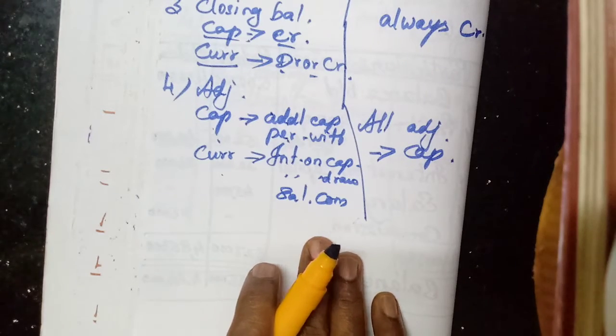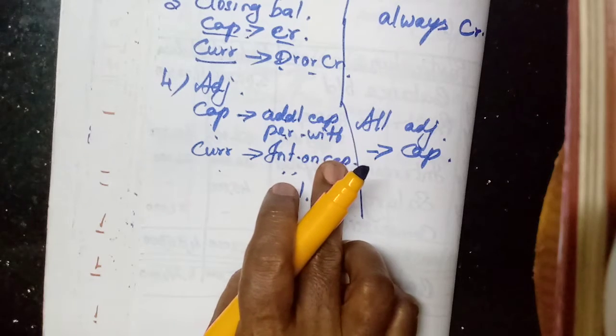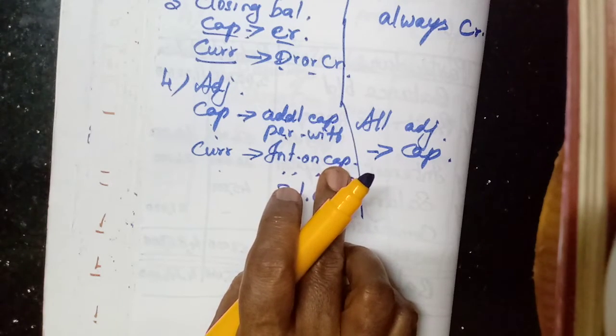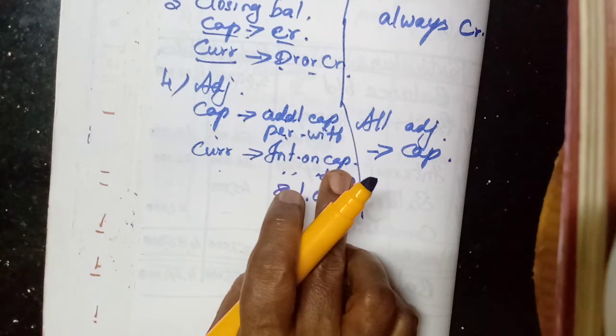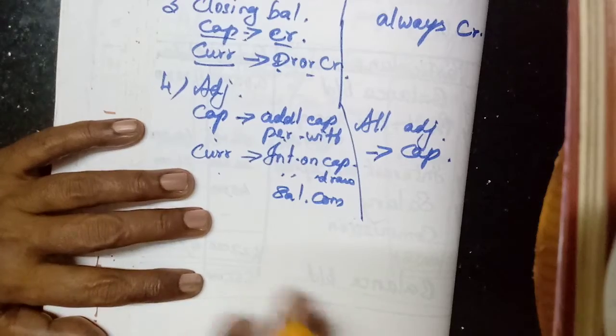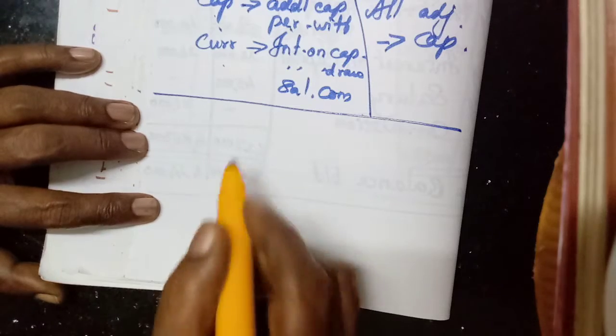So here you have to do and see the fourth problem, fluctuating capital method, and you have to study the differences between fixed capital method and fluctuating capital method. This will be your homework.